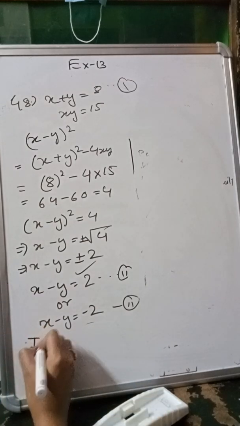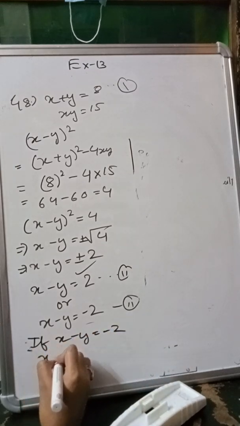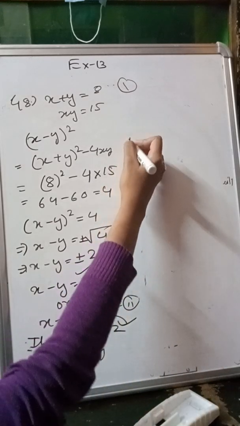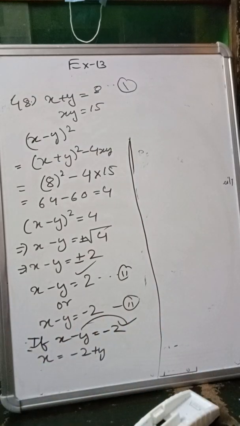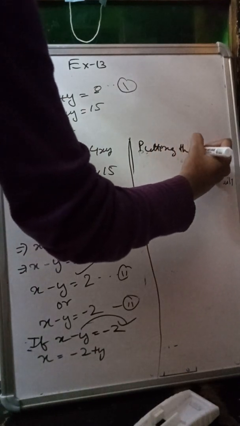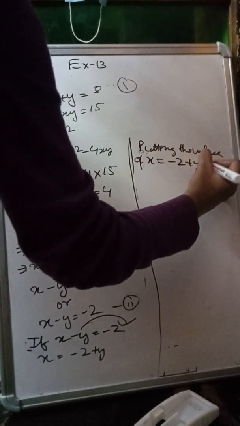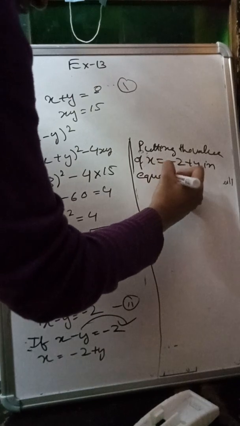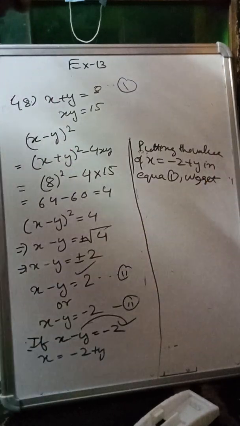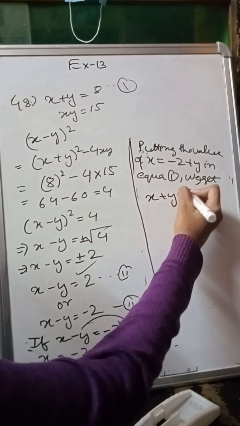Now if x minus y equals minus 2, then the value of x will be minus 2 plus y, just taking this y to this side. Again, putting the value of x equals minus 2 plus y in equation 1, we get: equation 1 is x plus y equals 8.